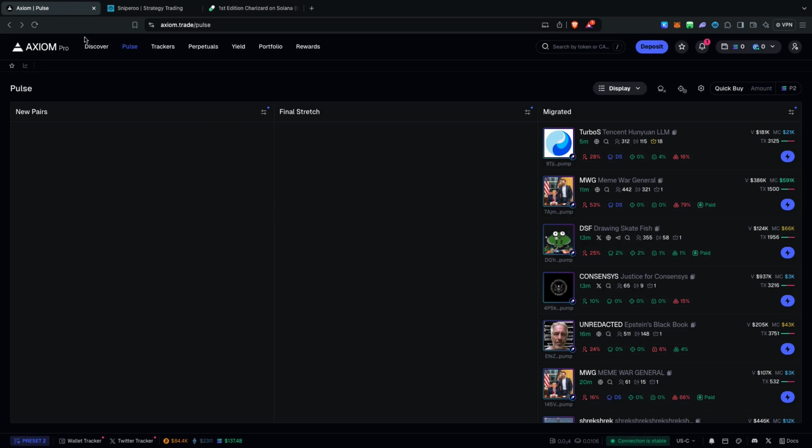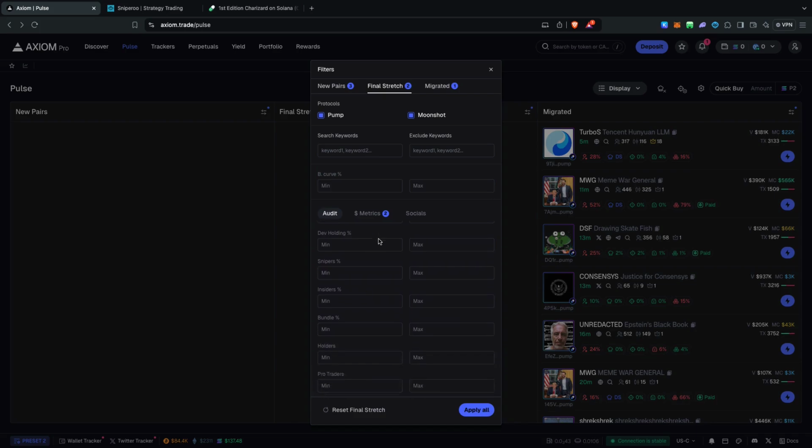However, one thing that I want to remind you, especially when it comes to the final stretch type of plays, because if you take a look at these filters, they are going to be giving us exposure to coins that don't really have a lot of liquidity. So it's not really going to make any sense for you to go in with $10,000 worth of capital. You understand?